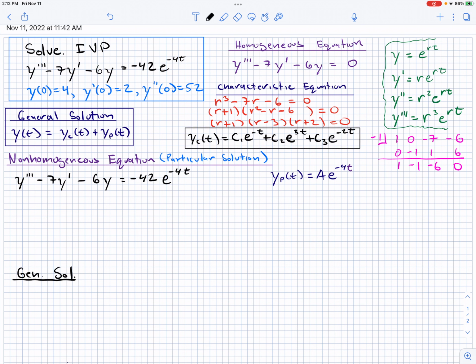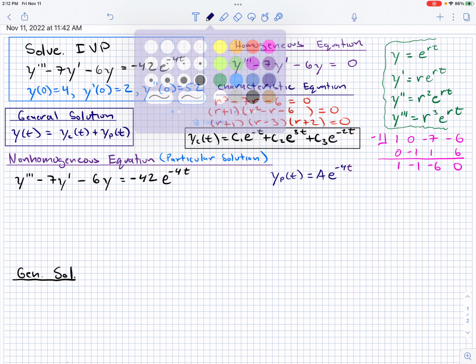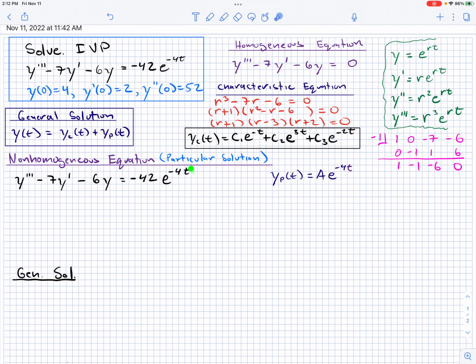So now that we have y sub c of t, we just need to find a particular solution from the non-homogeneous equation, and that is going to look like the form of the right side of the equation. So y sub p is going to be equal to some constant a times e to the negative 4t.